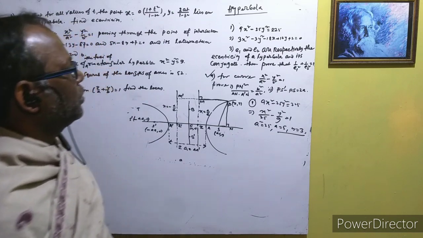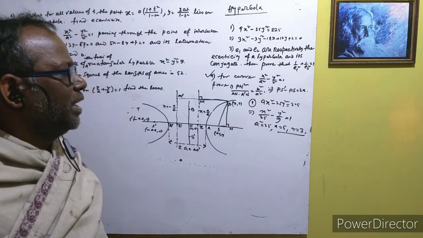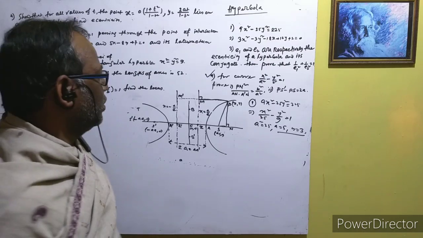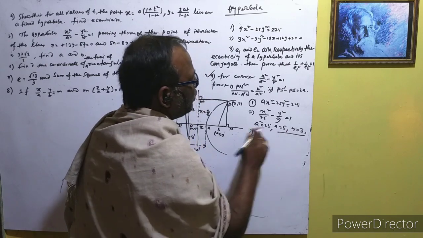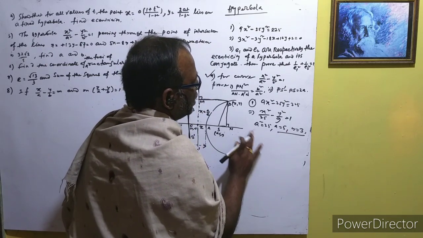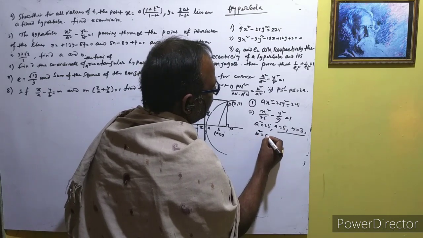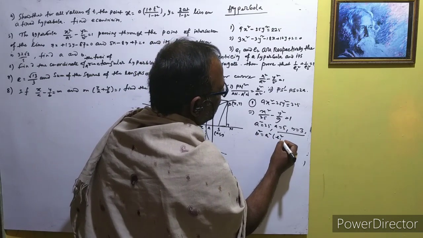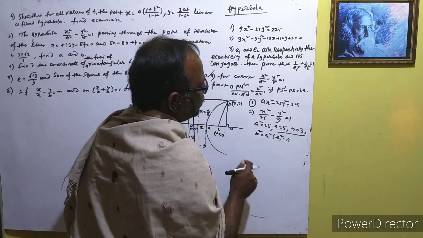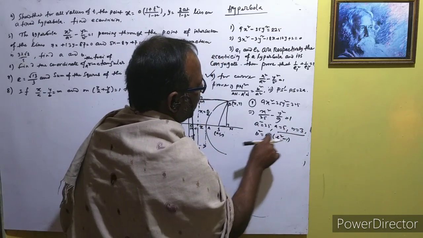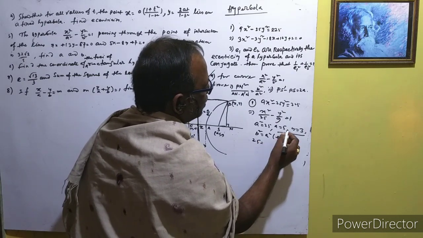Now this question is given, but what is the part of the question? Find the length of the transverse axis. So number 1 point we can write here. And now find first the eccentricity, and then the other points we can calculate easily. So here is the relation b square equal to a square into e square minus 1. Now put a equal to 5, so a square is 25, and b square is 9.